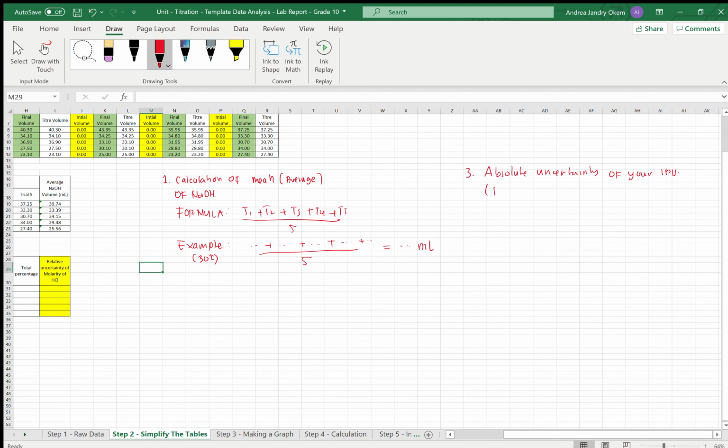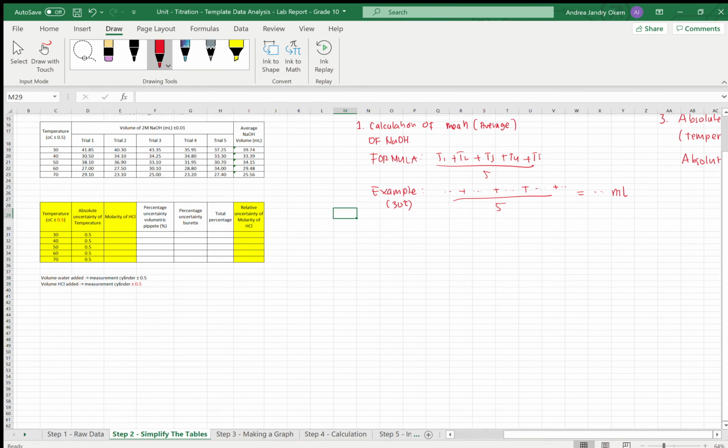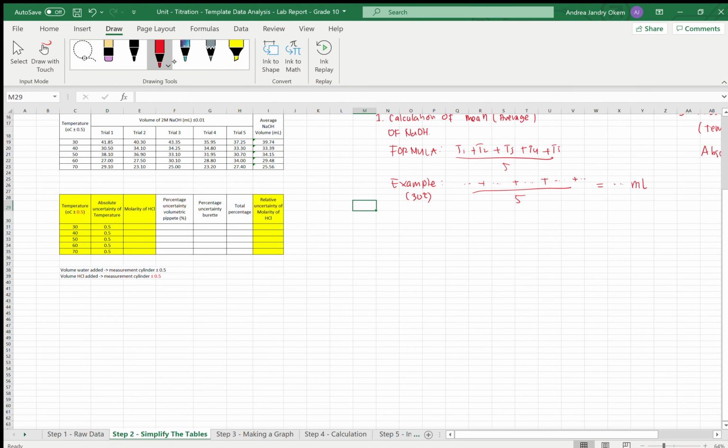In this sample, I use temperature. So later you just put it like this: absolute uncertainty of thermometer plus minus 0.5.